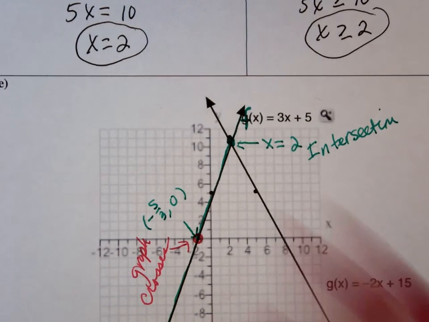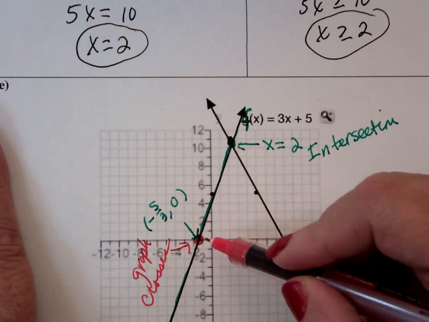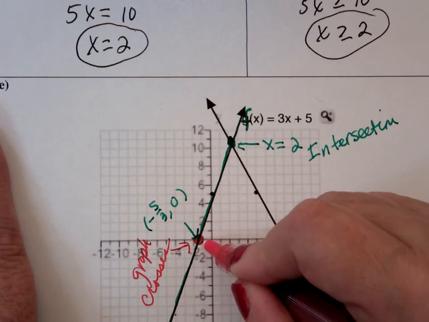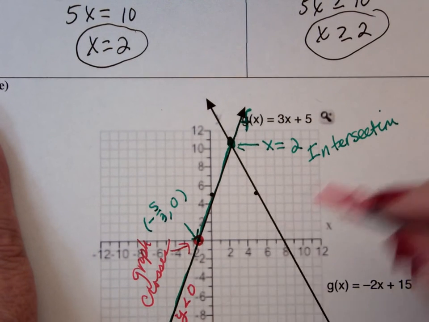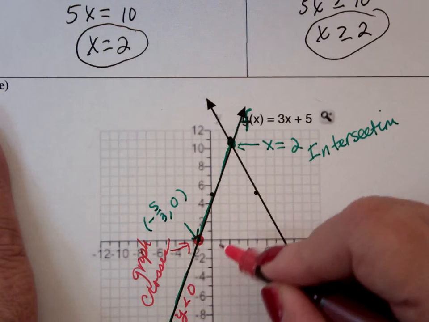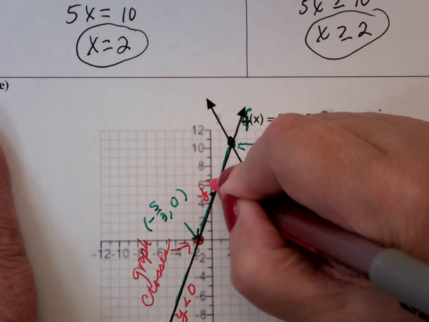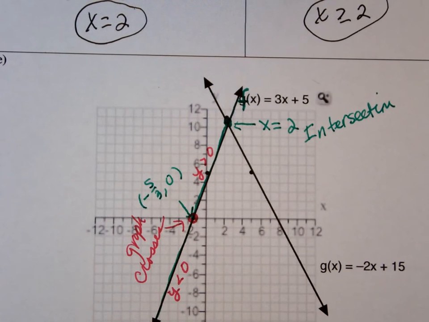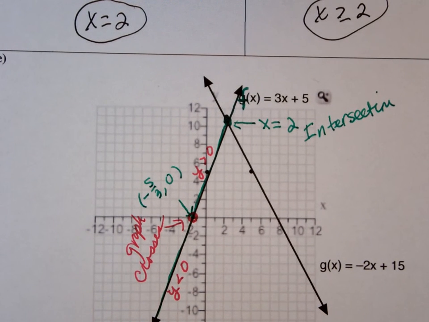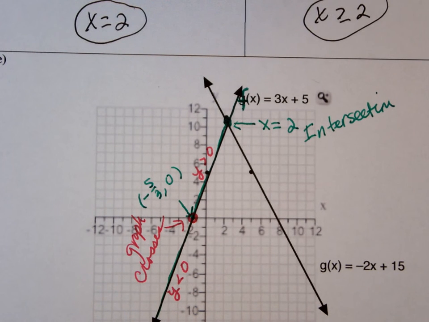Now, if the graph crosses the x-axis, this means that below the x-axis, y is negative. Then it crosses the x-axis, y is positive. That's the visual. In order for y to go from negative to positive, it has to cross. Where the graph crosses is the x-intercepts.